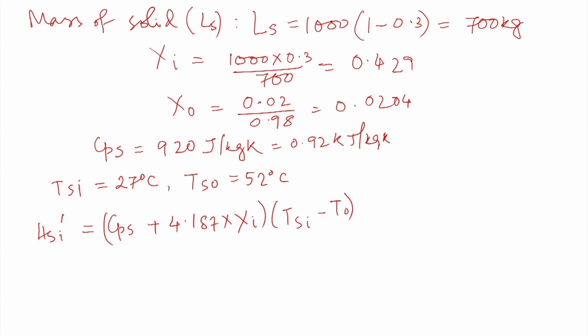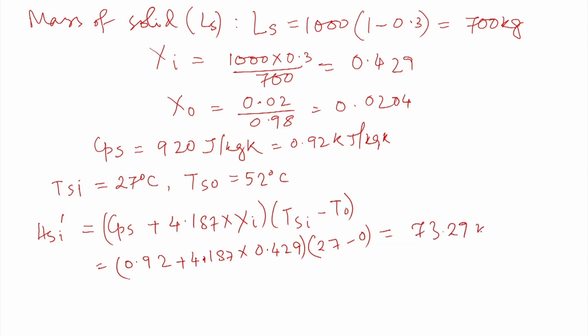So it is 0.92 plus 4.187 into 0.429, into Ts in 27 degree Celsius minus 0 degree Celsius. So it is coming out as 73.29 kilojoule per kg.